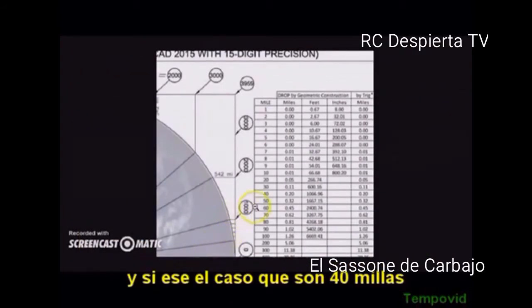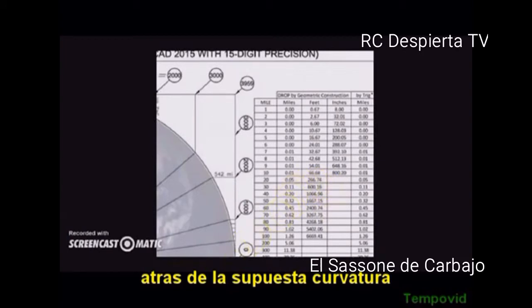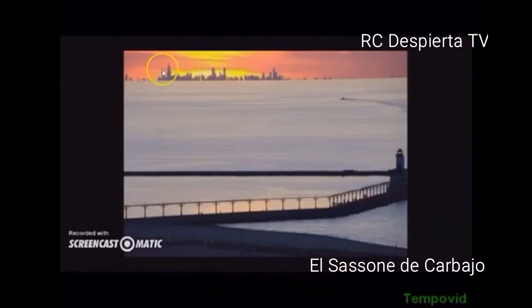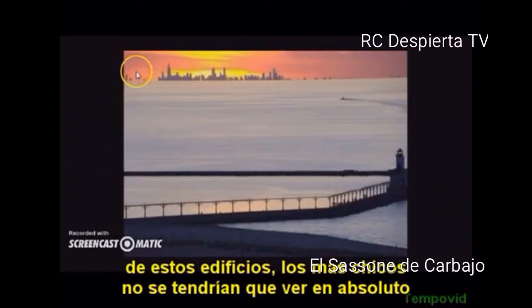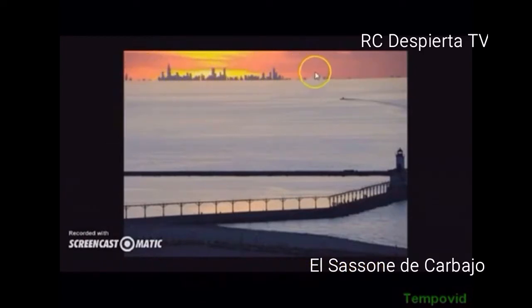So even if that's the case, with 40 miles, that's still a little over 1,000 feet behind the supposed curvature. So in that case, you should only see the very tips of these few buildings over here. The lower ones shouldn't be in view at all. So clearly, again, it doesn't add up with what the meteorologist is saying.